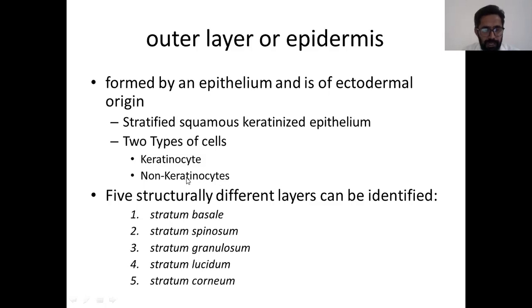We are not going to identify the non-keratinocytes in detail. You are going to get the details of these non-keratinocytes in your theory lectures. It will be discussed by Dr.